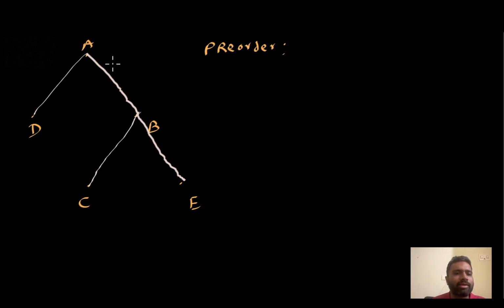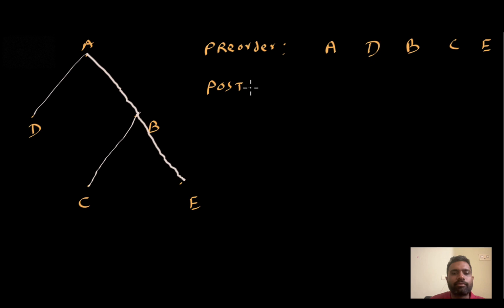This is a complete case. Every node has 0 or 2 children, so that's the nice thing that we wanted. What will be the pre-order? A, then it will go for the left child, that will be D, then the right subtree, that will be B, then C and E. So this is the pre-order. What will be the post-order?